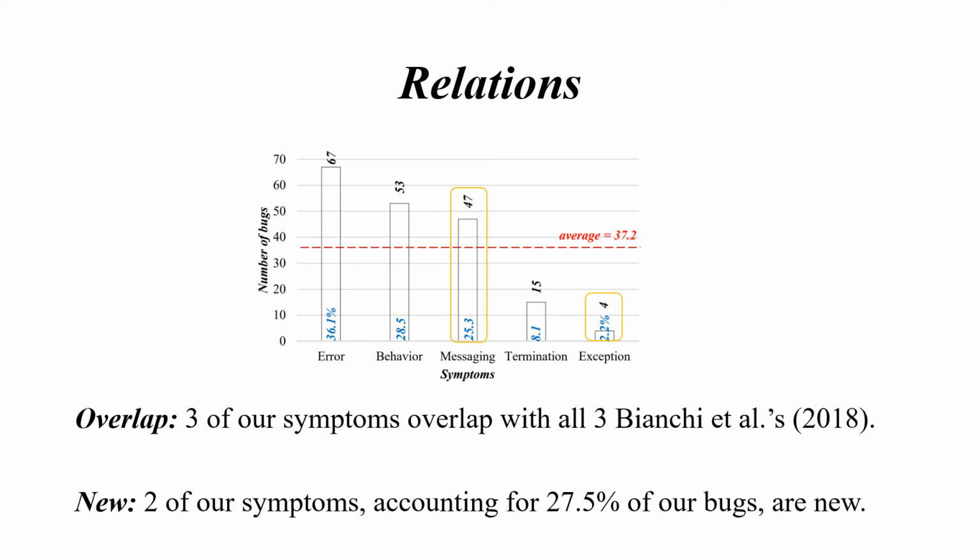In contrast, 2 of our symptoms, which are incorrect messaging and incorrect exceptions, are new and cannot be found in the previous work. These 2 new symptoms account for more than 1/4 of our bugs.